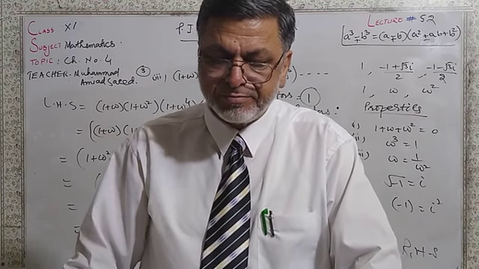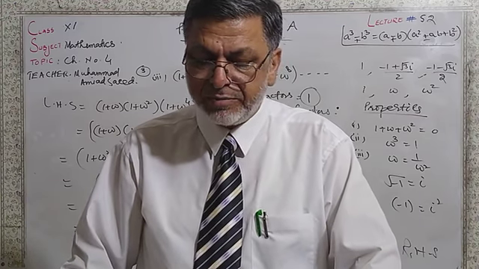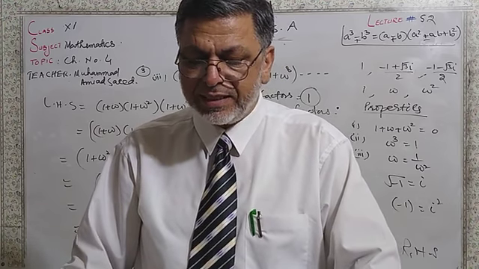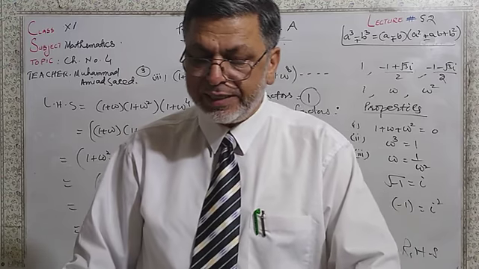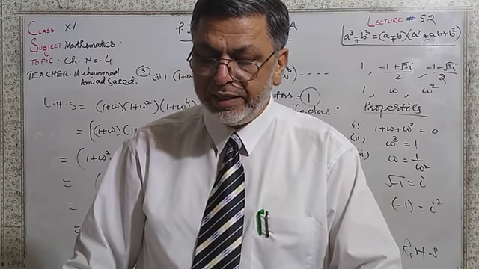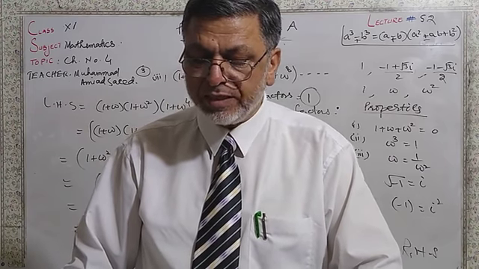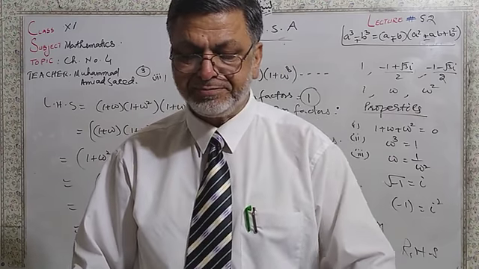After that, we have question number 4. If omega is the root of x square plus x plus 1, show that its other root is omega square and prove that omega cube is equal to 1.